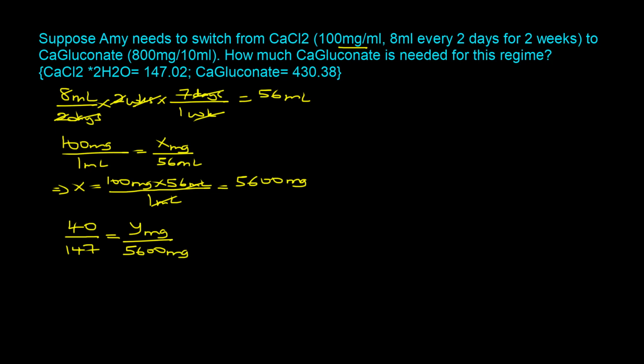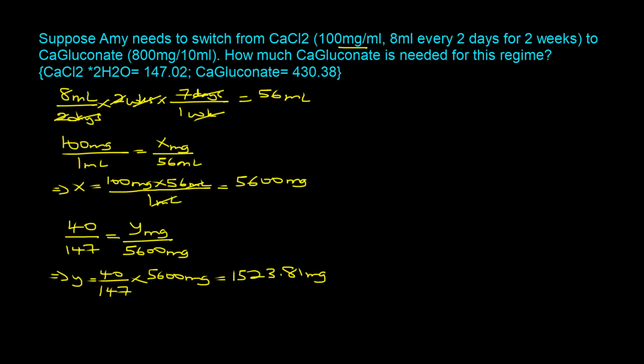So we can go ahead and solve for y, and y will be equal to 40 divided by 147 times 5600 milligrams, and that will be equal to 1523.81 milligrams. So the 1523.81 milligrams represents the amount of elemental calcium in the 5600 milligrams of calcium chloride.